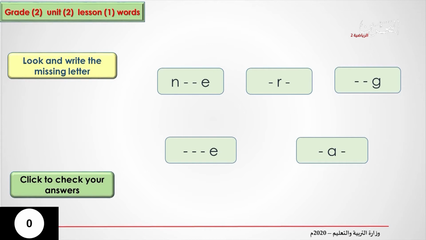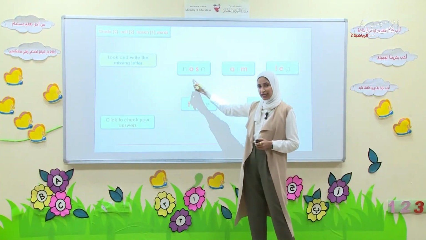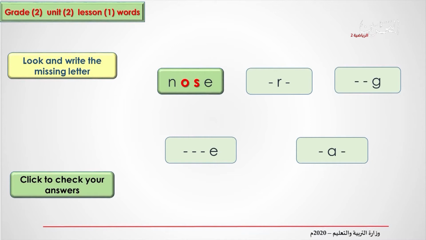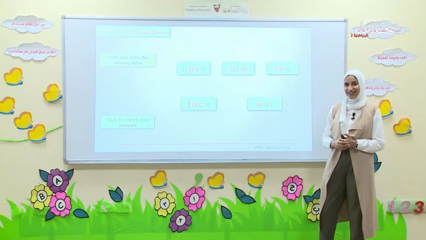Now let's check our answers. In the first word, we have two missing letters, O and S. Nose. In this word, we have arm, A-R-M, arm. Two missing letters in the word leg, L-E, leg. In the word face, the first three letters are F-A-C-E. The last one is E-A-R, ear. Very good.